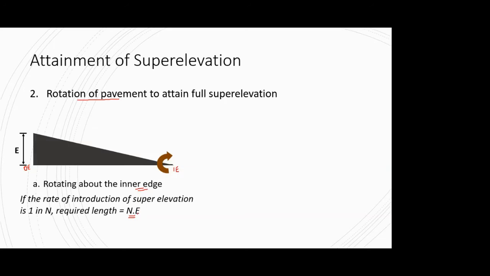Basically this NE length will be equal to the length required to attain this superelevation. As I told you, we are going to provide superelevation gradually, and for that we require some horizontal distance to be traveled, and that horizontal distance will be equal to this capital N into E.